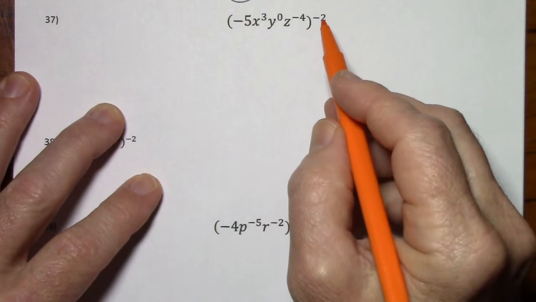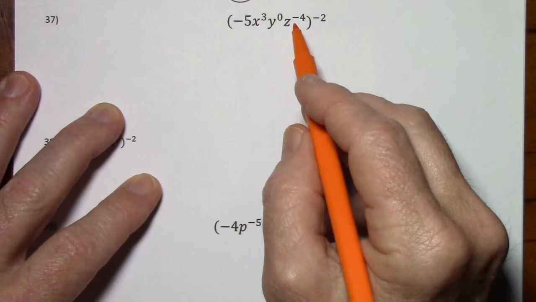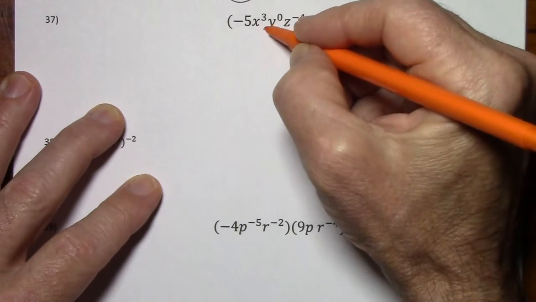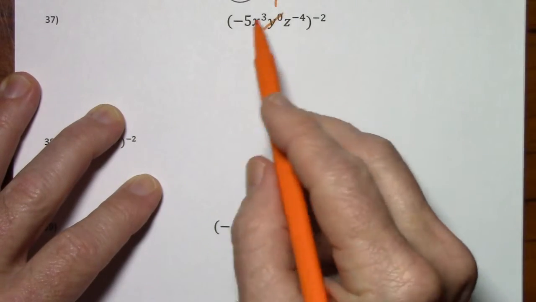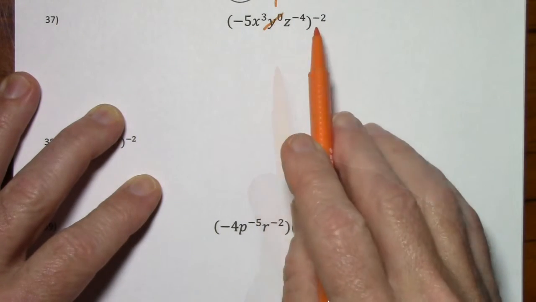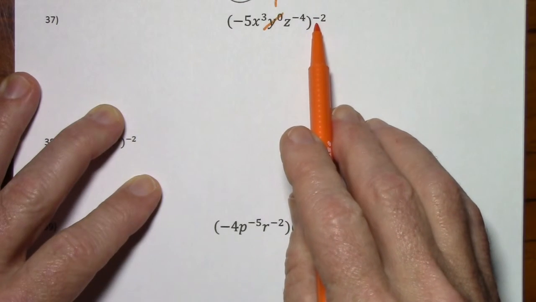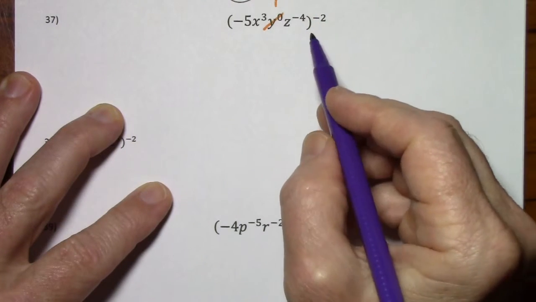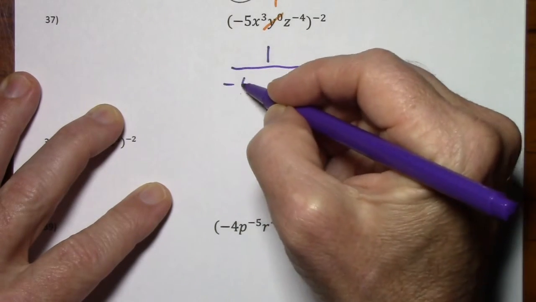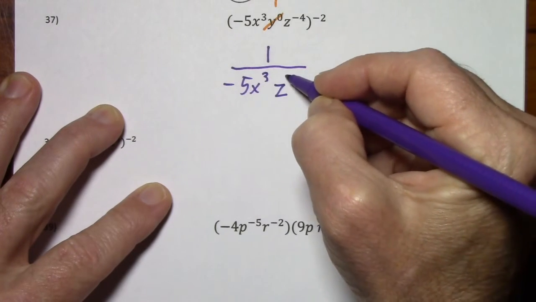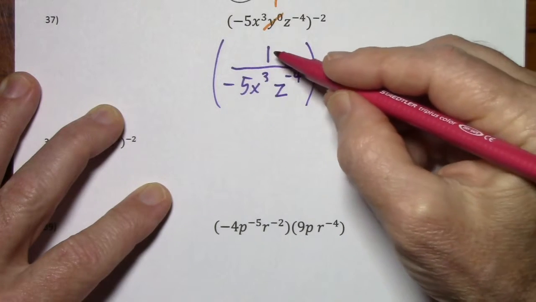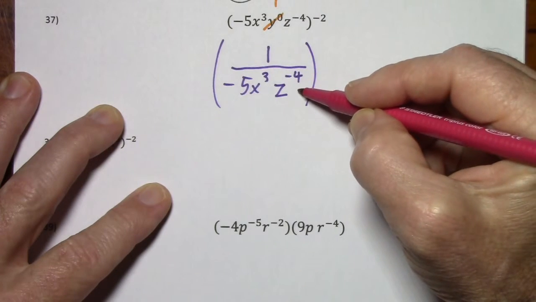Looking at this one, we've got a negative exponent out here, just one negative exponent inside. Y to the 0, well, y to the 0 is 1, so I'm going to pretty much just ignore that because it's being multiplied. I think I'm going to take care of this negative exponent first. So the reciprocal of everything in the parentheses is simply 1 over everything in the parentheses.